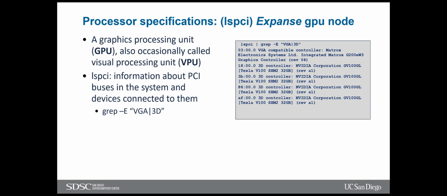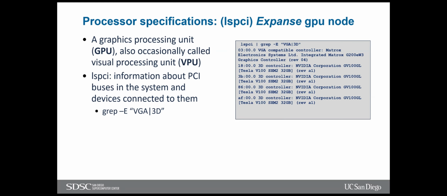There are two other places where we can find if a GPU exists. The lspci is a command for displaying information about the PCI buses on the system and the devices that are connected to them. Since a GPU is a connected device, you can search the output and extract the needed information.